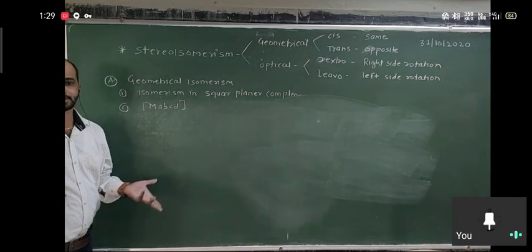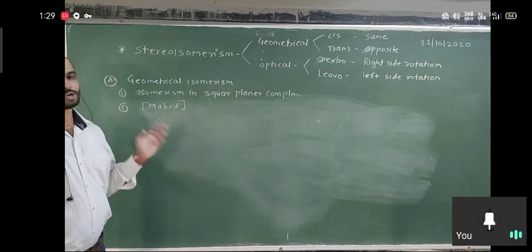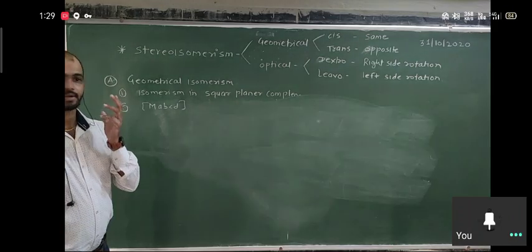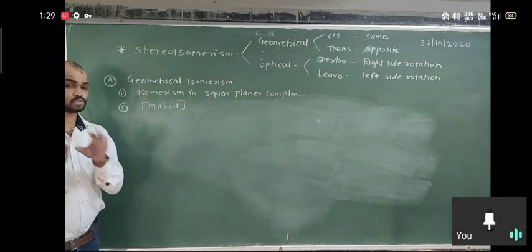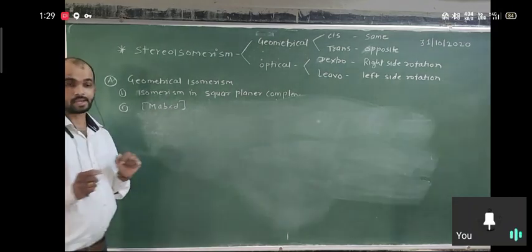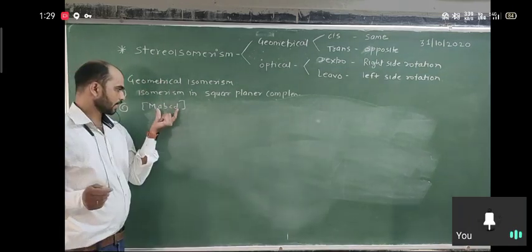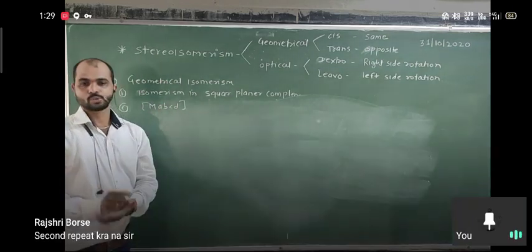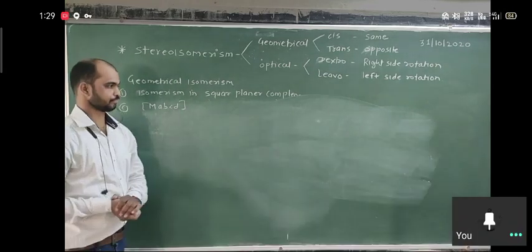It is possible. So in that case, does geometrical isomerism exist or not? According to you, you say yes, it is absent. Why? Because no two same ligands are present. But in inorganic complexes, even if all the ligands are different, they also show geometrical isomerism, but the representation is different.